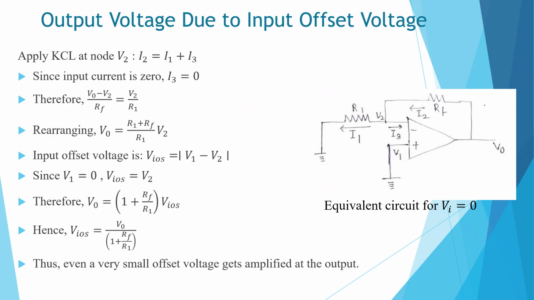Substituting this into the output equation, we get Vout equal to 1 plus Rf by R1 into VIOS. Finally, the input offset voltage can be written as VIOS equal to Vout by 1 plus Rf by R1. This equation shows that even a very small input offset voltage can produce a significant output voltage because of amplification by the op-amp gain.